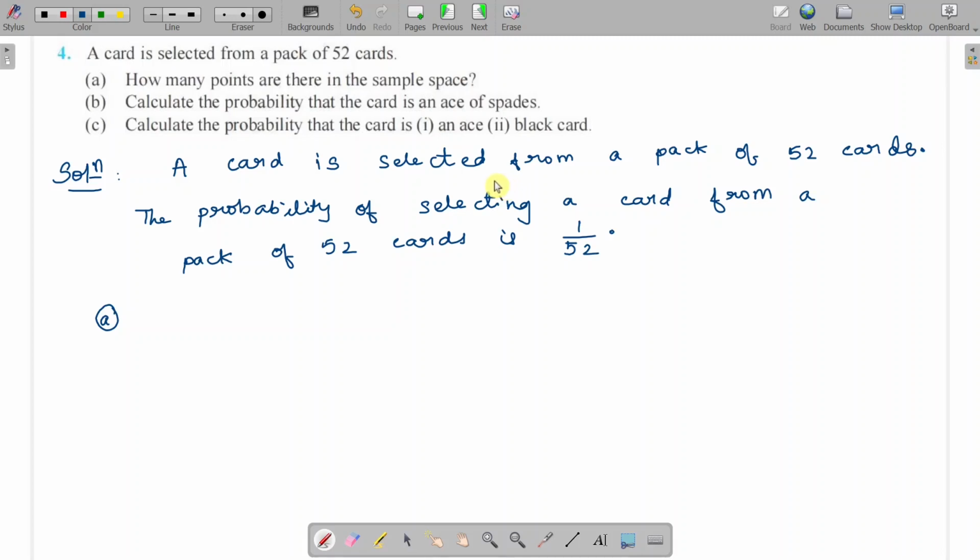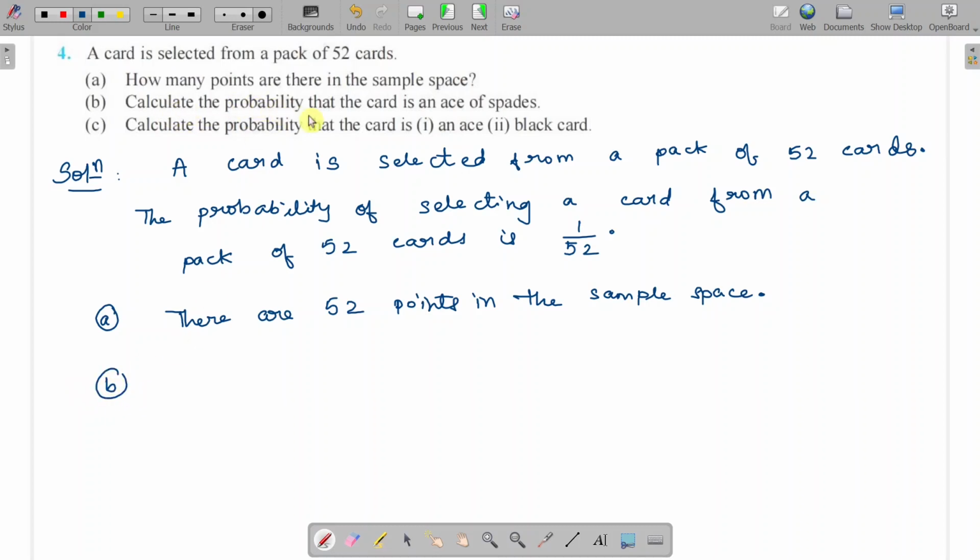Okay, and so one color or one shape consists of 13 elements, right? So 13 into 4 is 52. So that means the sample space will consist of 52 elements. So there are 52 points in the sample space, right? Okay, that is the first answer.